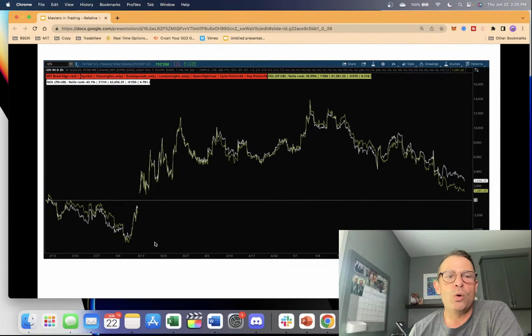The gold one is ZF all the way out to UB. The white one is ZN all the way out to UB. ZF is 5s, ZN is 10s. This whole chart cancels each other out, and it's really just 5s against 10s.